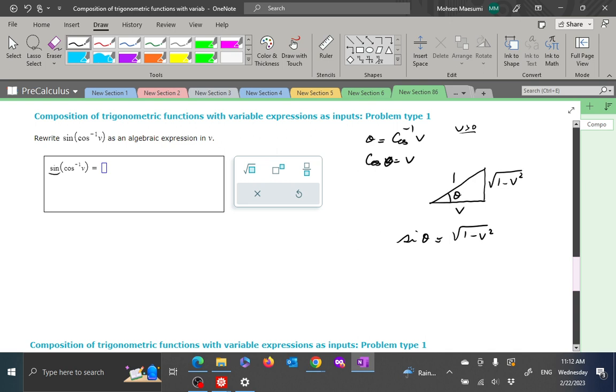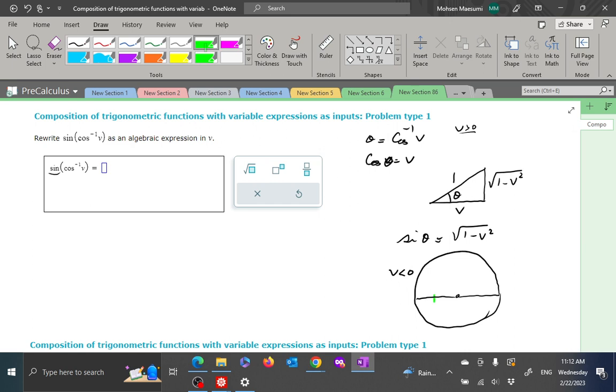Now, what if v was negative? If v were negative, then you are dealing with, well, in the unit circle, when cosine is negative, it means your v is on the left side. So this is the v.